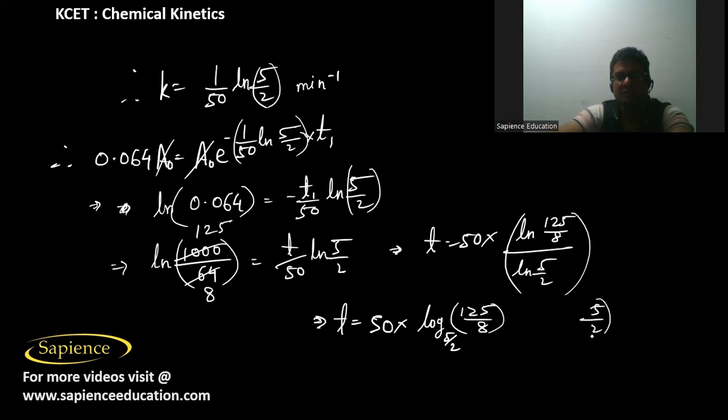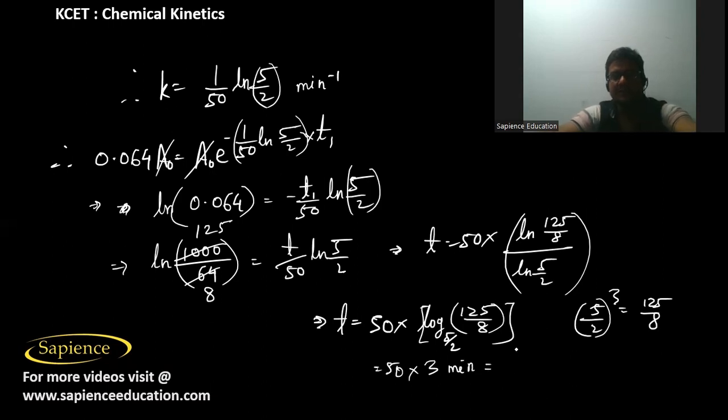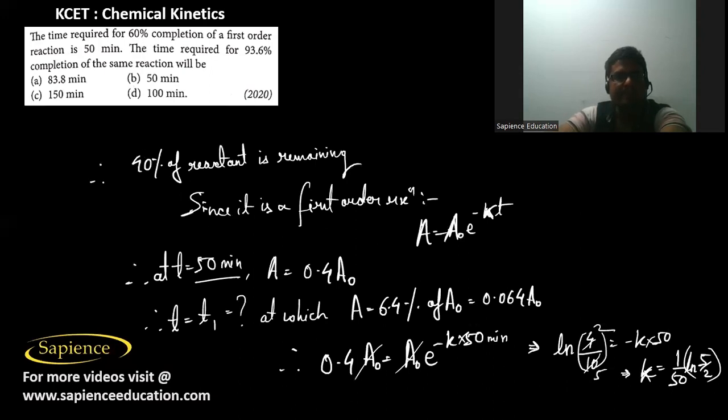Now 5 by 2 whole power 3 equals 125 by 8, so this value will be equal to 3. So this is 50 into 3 minutes, that equals 150 minutes. So at t equals 150 minutes, 93.6% of the reaction will be completed. So option C is the correct answer.